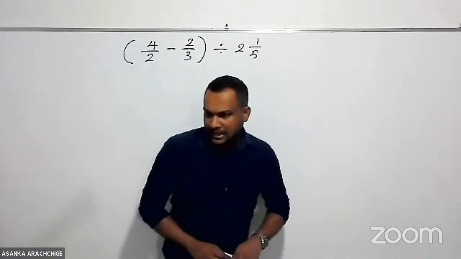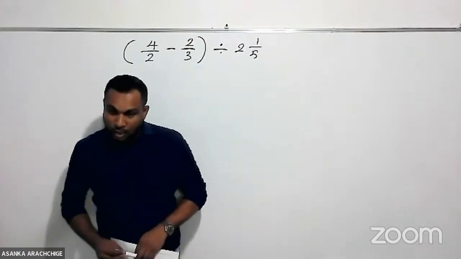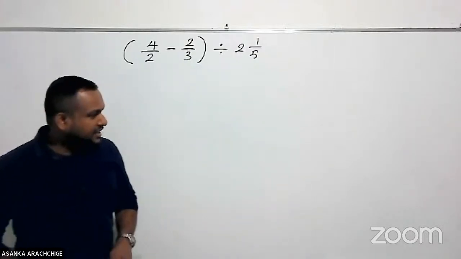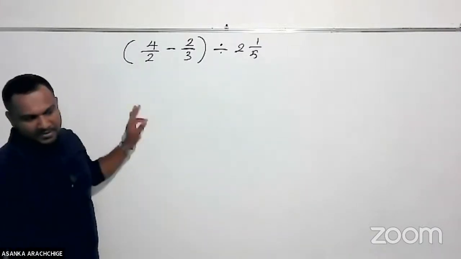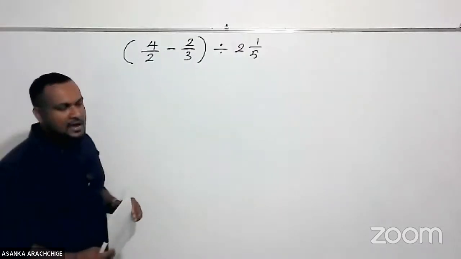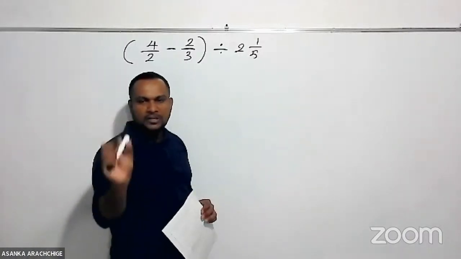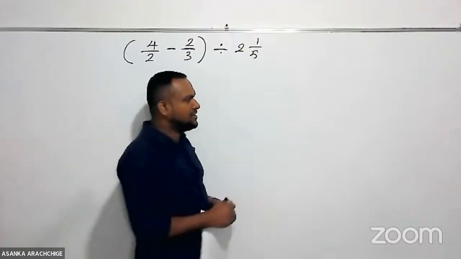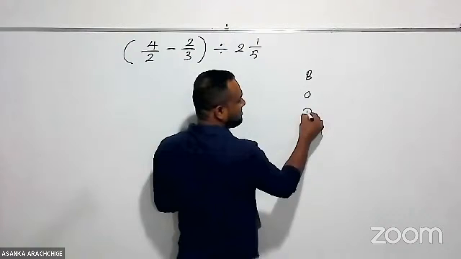When we simplify an expression having several mathematical operations, there is an order to follow. What is that? That is called BODMAS, no?